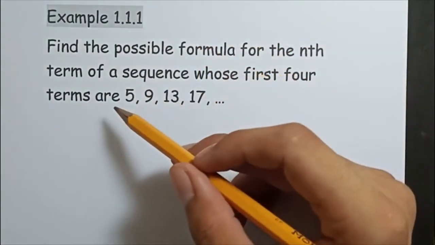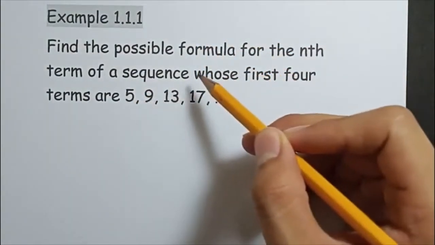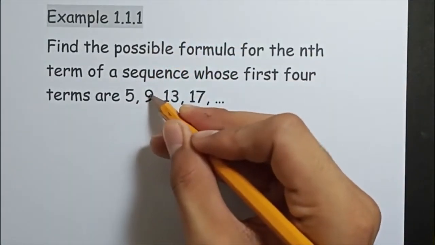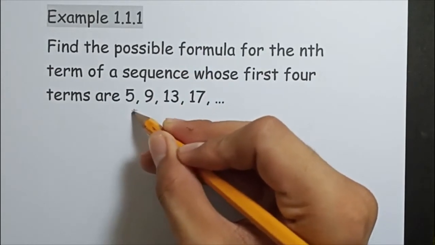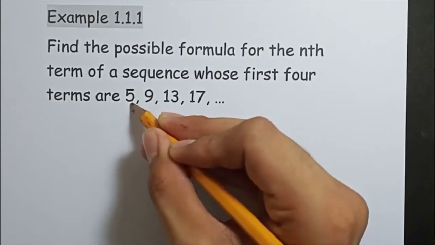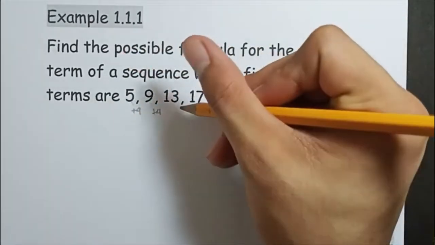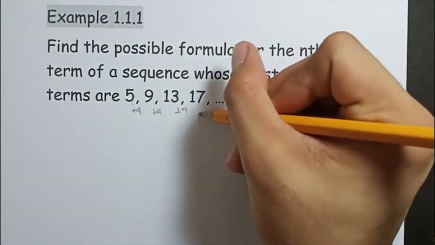As you can see, 5 naging 9, 13, 17. We can get this number 9 by adding 4 to the first term, which is 5. Then 13 by adding 4 to the second term, which is 9, and so on.